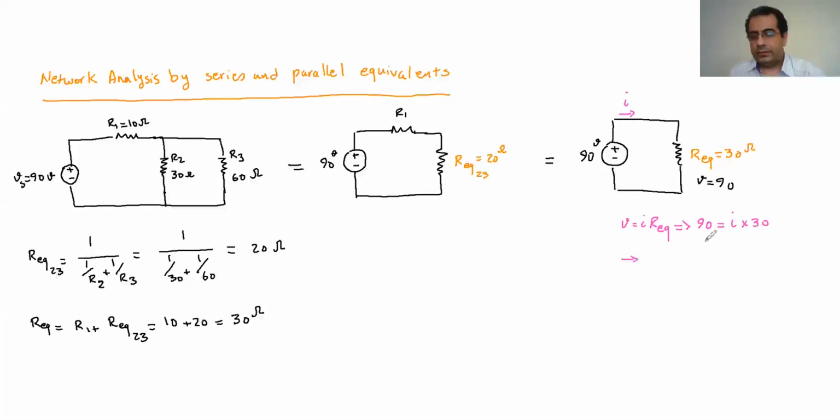Therefore, I comes out at 3 amps. So I is 3 amps here, and the voltage is 90. Now I have the I and V, and I want to bring them back in here. Now I have to be careful which one I can bring back and which one I cannot bring back when I go back here.